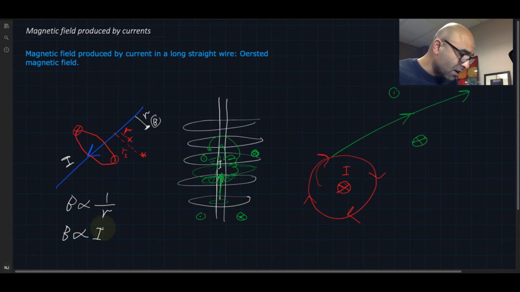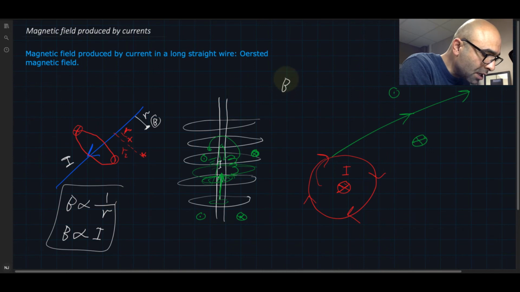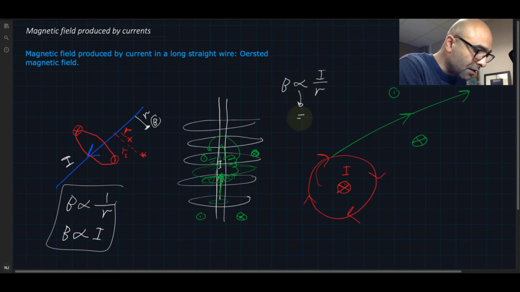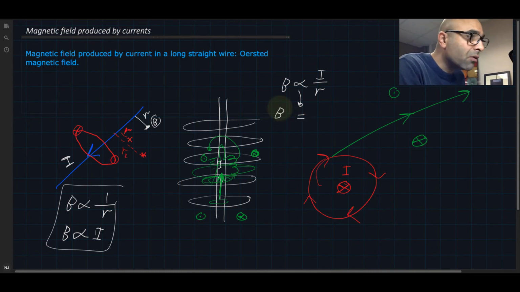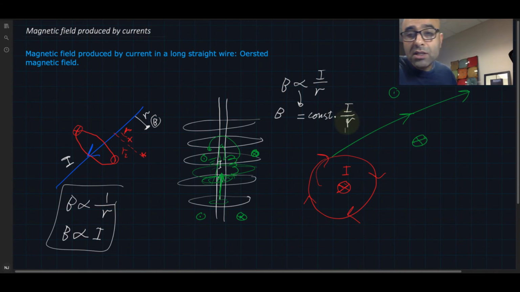Good. So is there anything else we need to look at? They found out that these are the only two main variables, and they put these together. So they said B is directly proportional to the current divided by R, and when we change the proportionality sign into an equal sign, B was equal to a constant times I over R. Now, finding the constant was not the simplest of tasks.